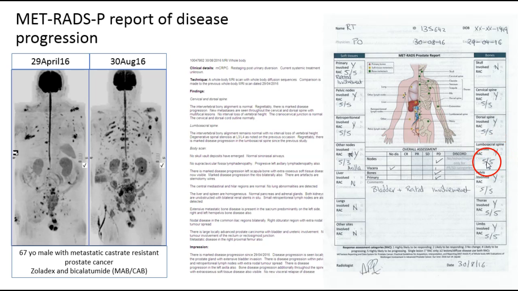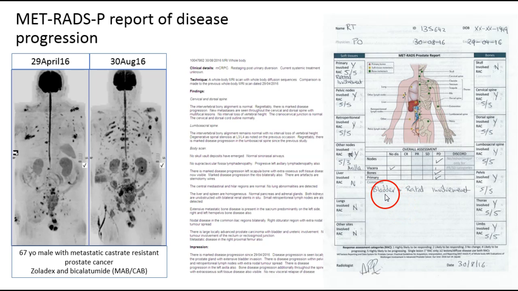The majority of the lesions are progressing, and the highest category for the other lesions is also 5. So this is a 5-5. Here in the left axilla, it's quite interesting to see that. Is there disease? Yes, there is disease. The highest response assessment category is 5, because you can see this lesion is increasing in size. Other lesions are stable, so it becomes a 5-3.